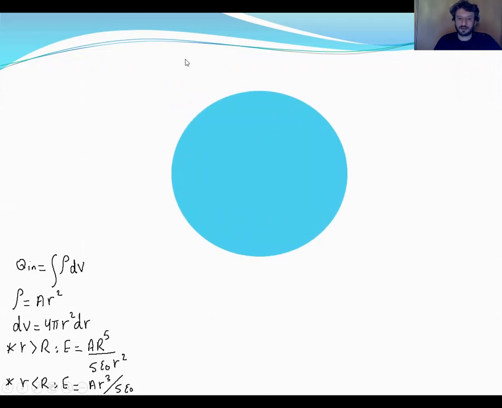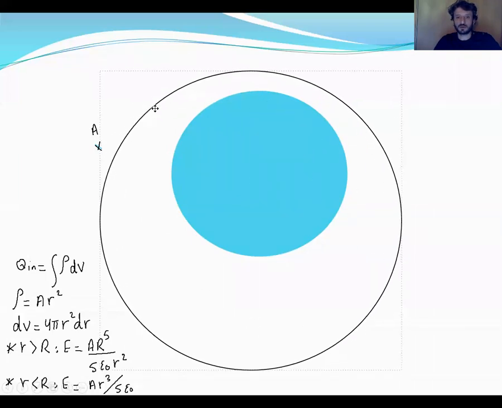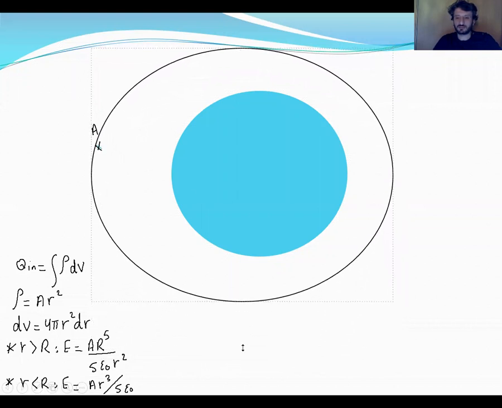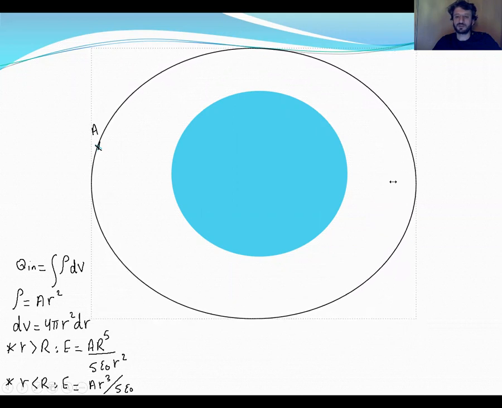Okay, first of all, I have to find the field at this point. Let's say we have a point A. To calculate the field, we have to apply Gauss's law. In this case, we choose a sphere as Gaussian surface.